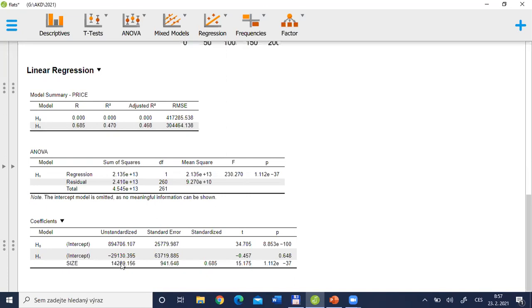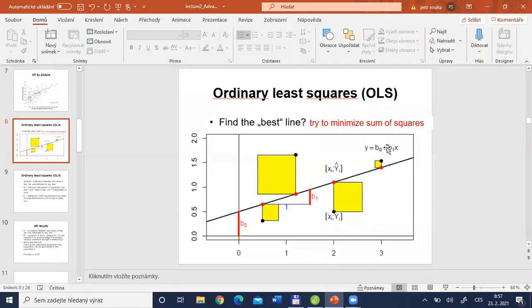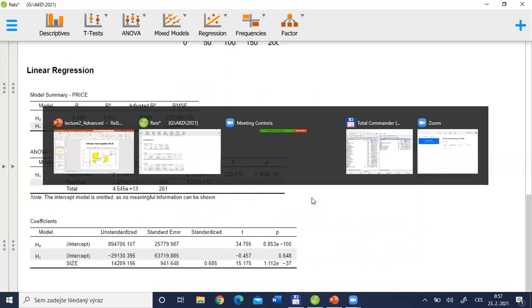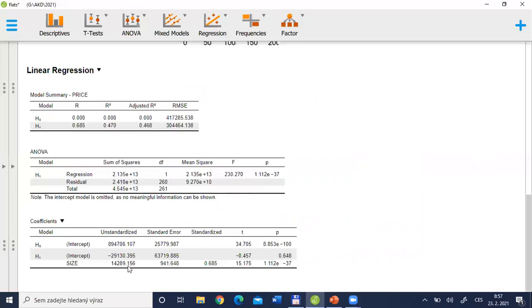So the only value we can interpret is the coefficient for the size, which is approximately 14,300. And it would be nice if somebody can help me to interpret this value. What can be the meaning of this value for size? Once again, it is this B1, or this slope coefficient. So can somebody help me?